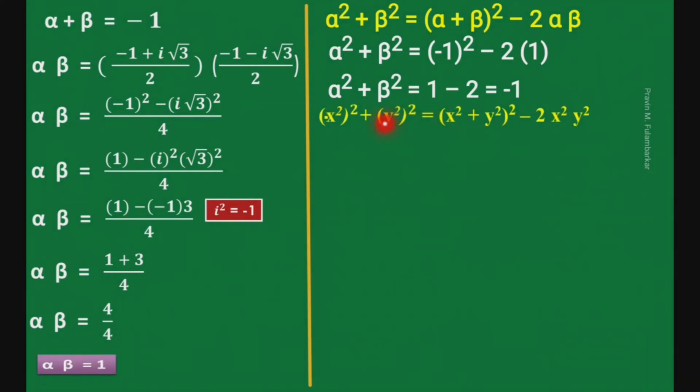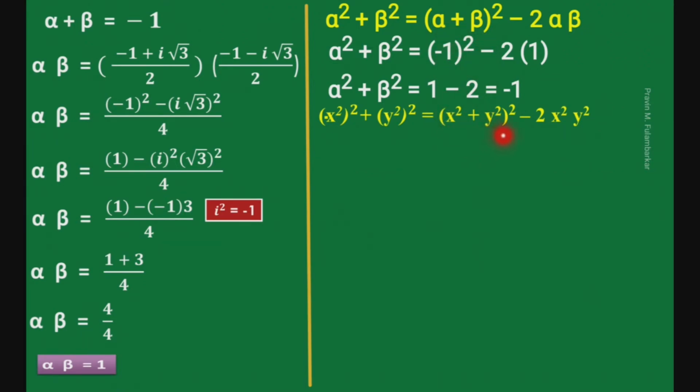Now next we have to use a concept. We require alpha raised to the power 4. So how do we write this? From this first formula, see here, we replace this alpha by x square, this beta by y square. So we write here x square its square plus y square its square equals, here also we replace alpha and beta by x square and y square.